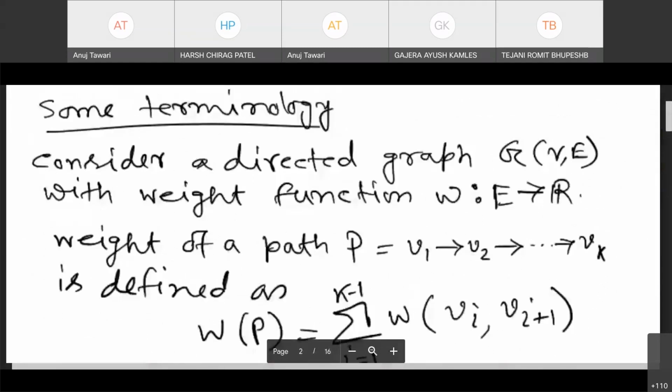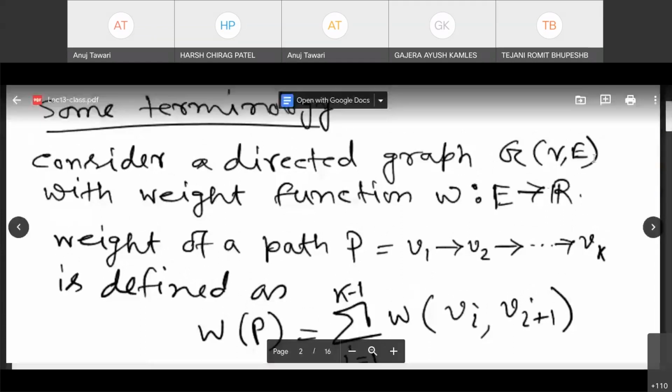Okay, so we'll start with some definitions and terminology, which we'll use again and again. We are given a directed graph, so we are given a set of vertices and a set of edges, and these edges are directed from one vertex to another. We are also given a weight function.